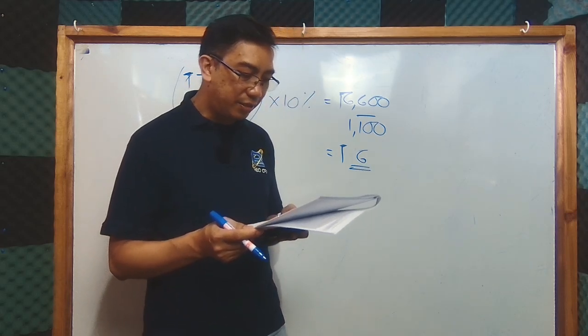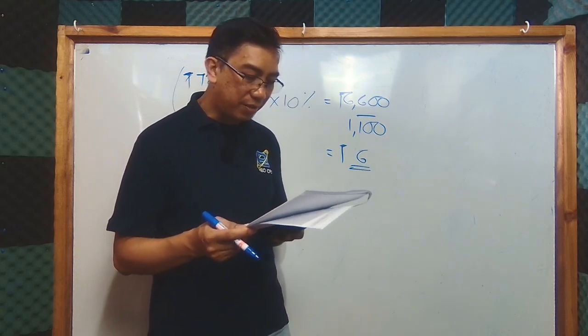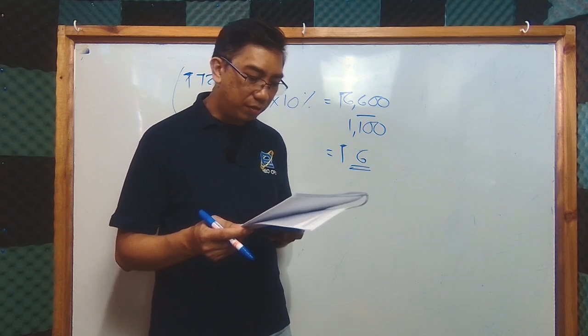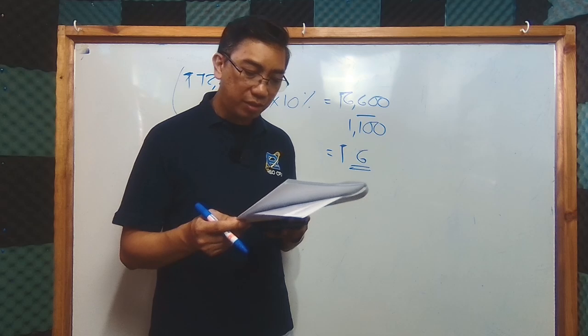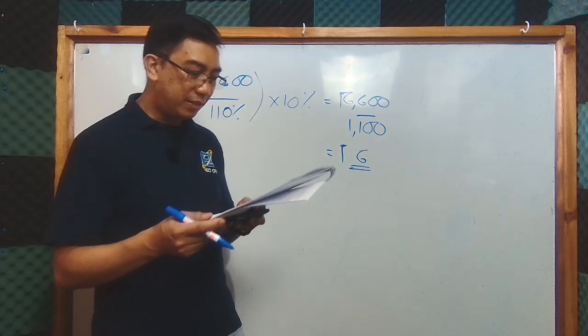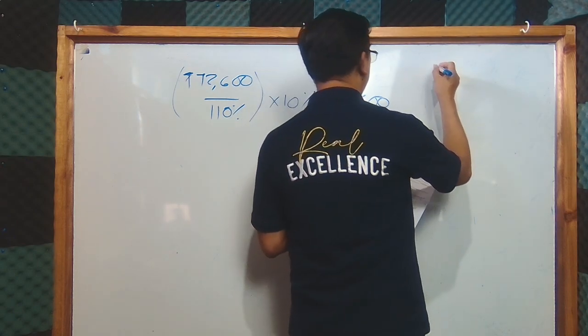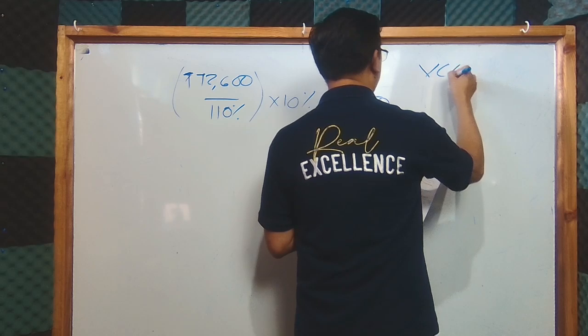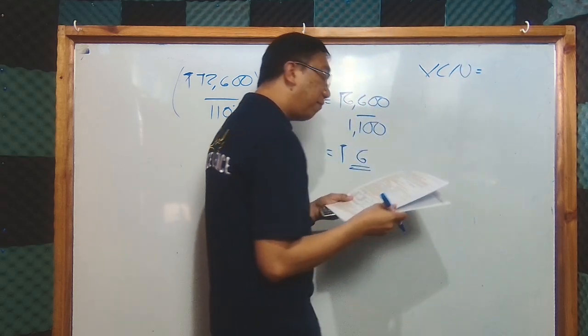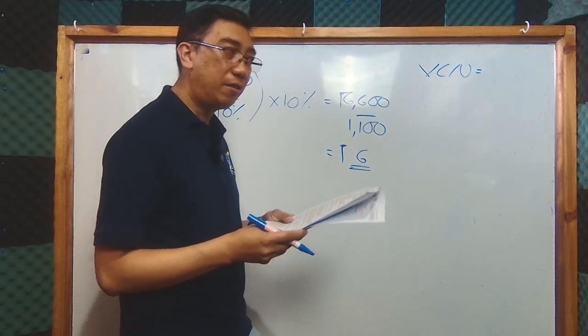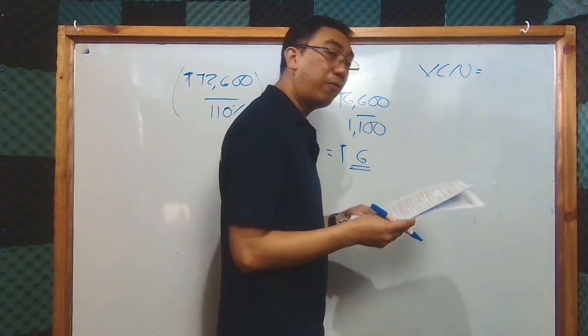Nasaan yung highest? The highest is 25,000 units based on an output of 25,000 units at a total cost of 3,650,000. So, applying the principles of high-low points method, the variable cost per unit will be computed as the difference between the highest and lowest in terms of cost and quantity, di ba?